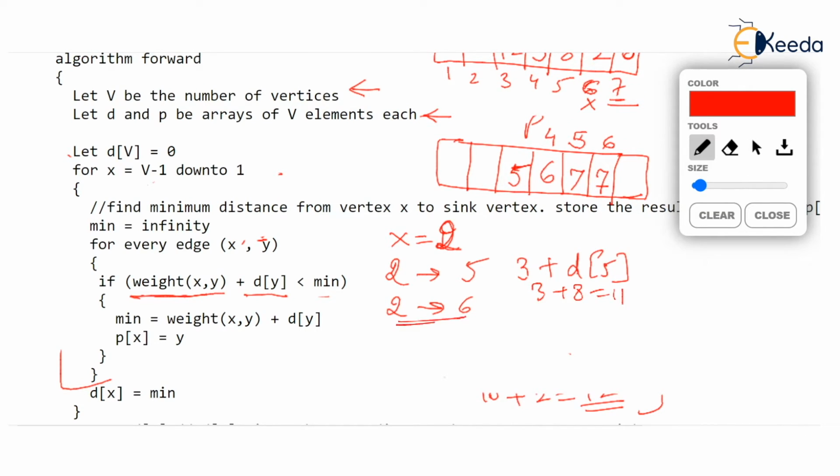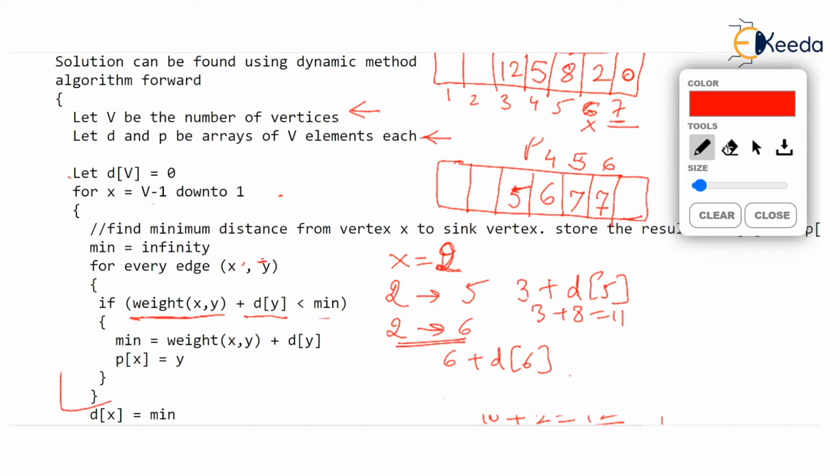And 2 to 6, the distance is 6 plus d6. And observe, d6 has been found in the earlier pass. d6 is 2. So this is going to be 6 plus 2, which is 8. And the minimum of these two is 8. And we got it via the 6th vertex. So the second vertex is going to be at a distance of 8 via the 6th vertex.